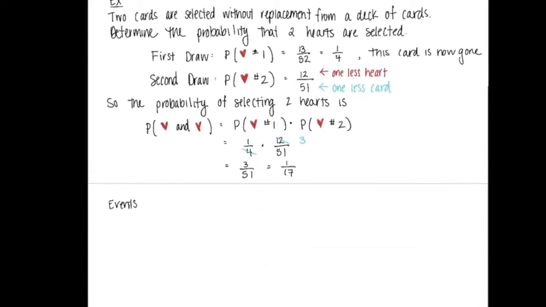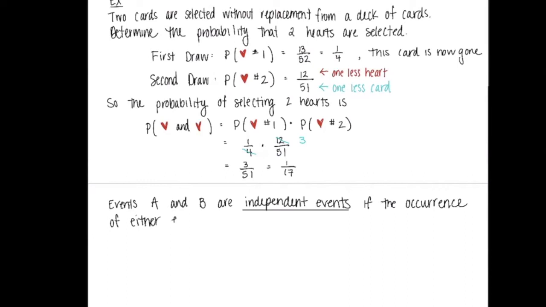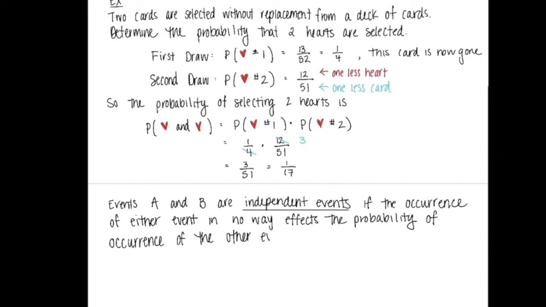So we say events A and B are independent events if the occurrence of either event in no way affects the probability of occurrence of the other event. So ultimately, these are ones with replacement.